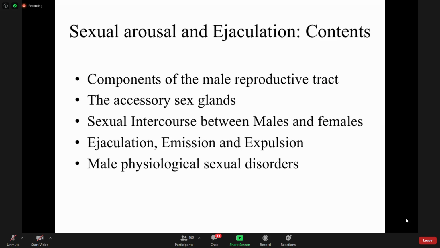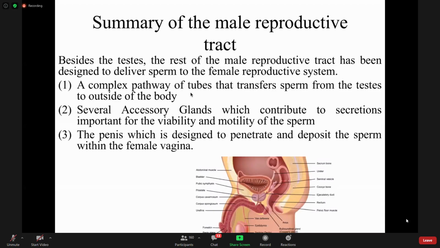So let's have a look into our lecture now. The male reproductive system is made of a complex pathway of tubes, as you see, from the epididymis and vas deferens all the way to the urinary tract.